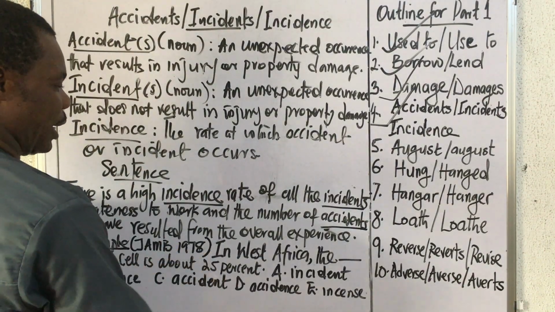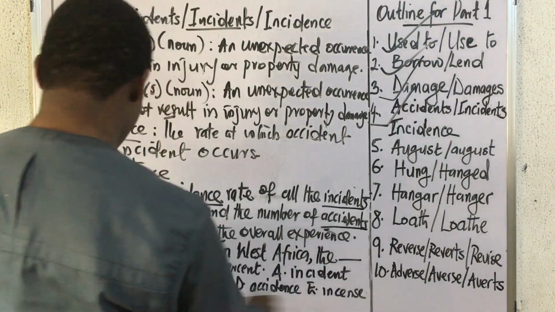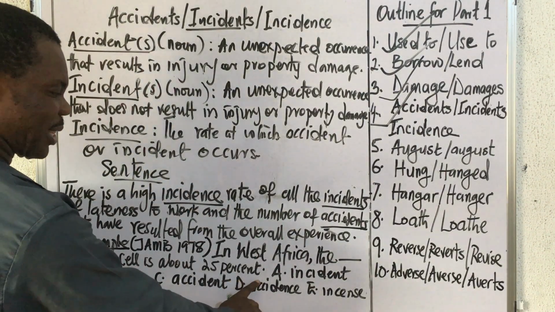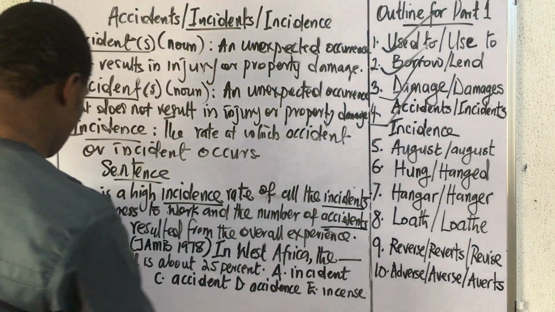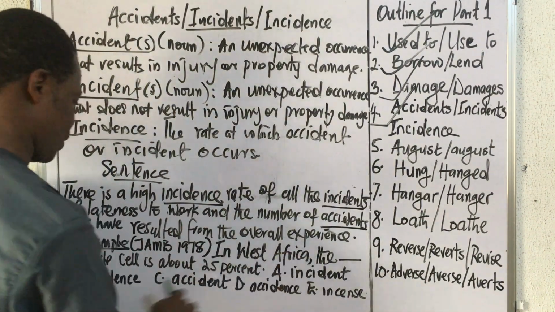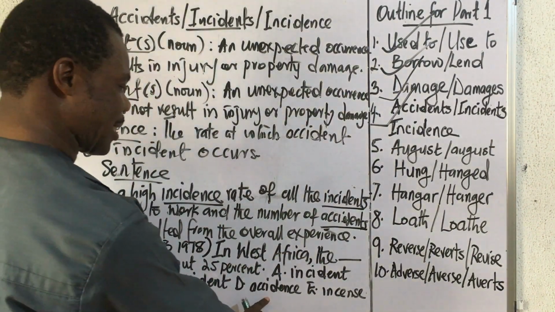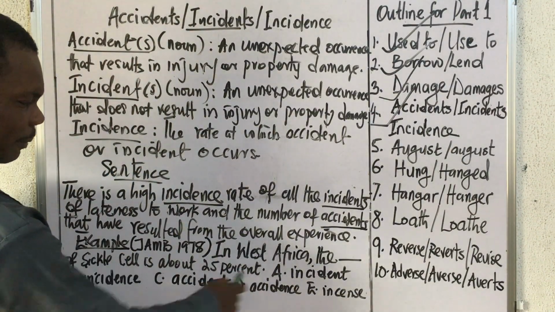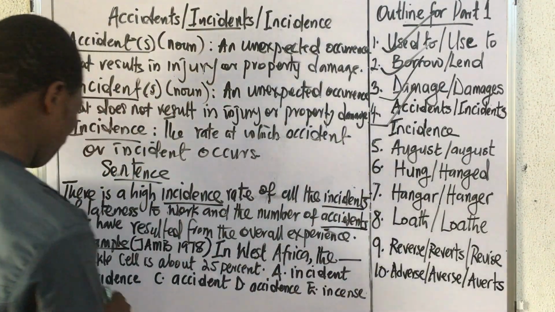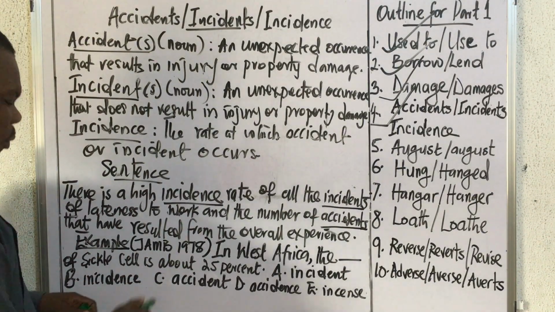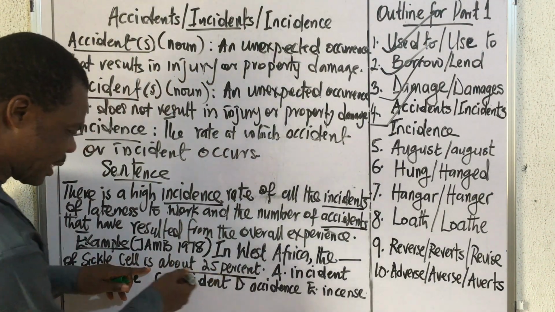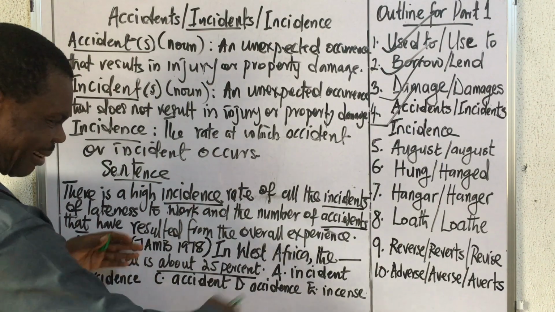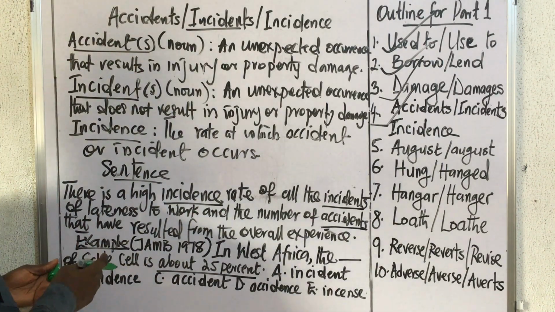JAMB 1978. In West Africa, the dash of sickle cell is about 25%. A. Incident. B. Incidence. C. Accident. D. Accidents. E. Incense. Now let's start from the first one. The incidence of sickle cell is about 25%. When they say about 25%, this is measurement. So they are measuring the rate at which sickle cell is what?